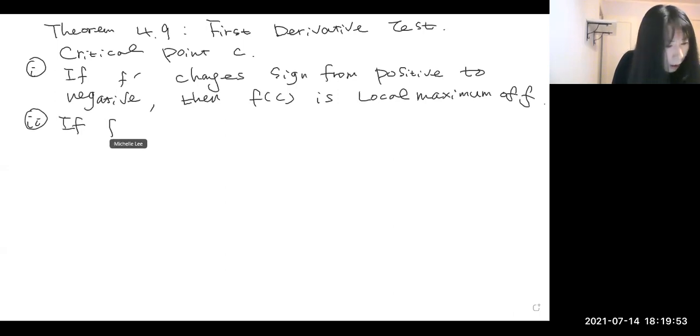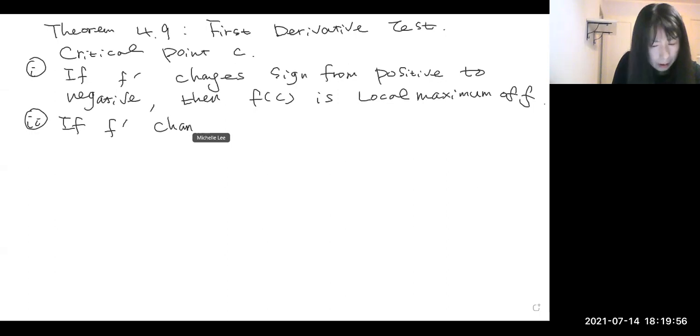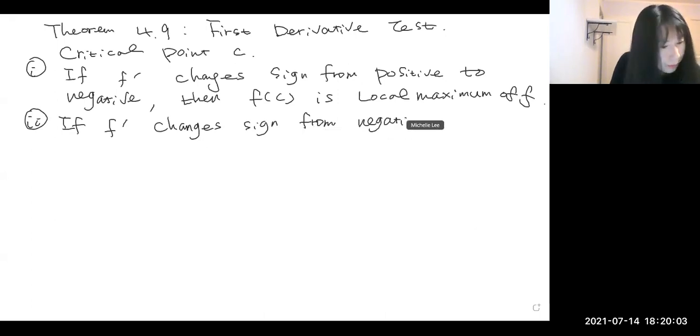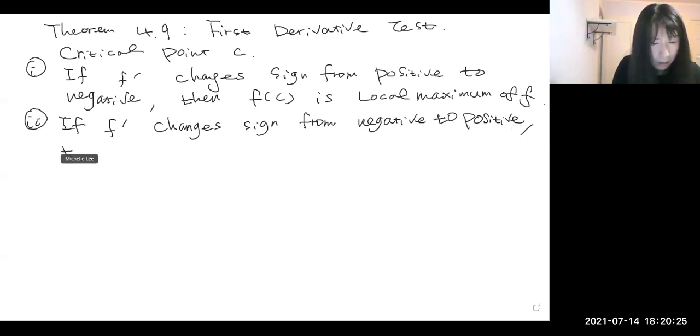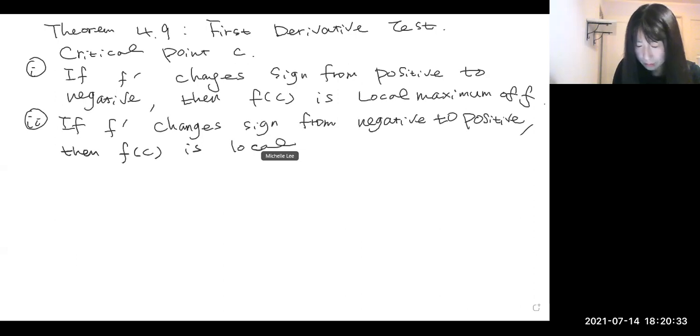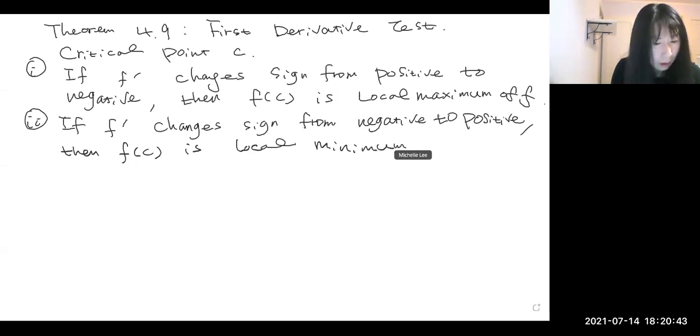Second one, if f prime changes sign from negative to positive, then f of c is a local minimum of f.